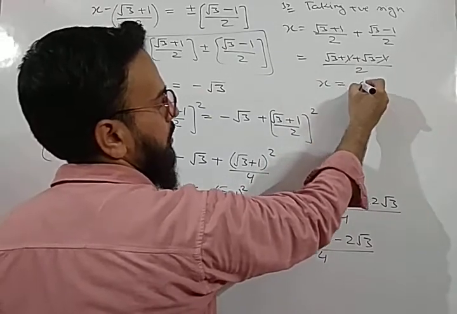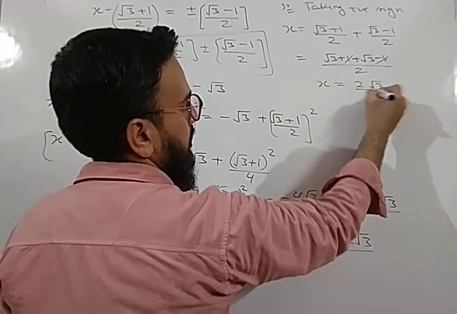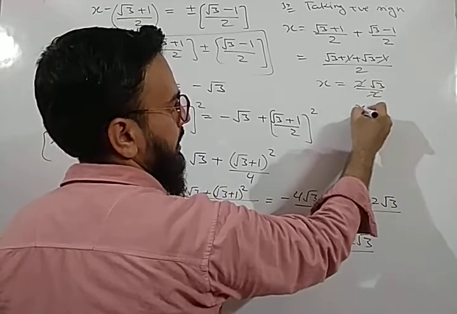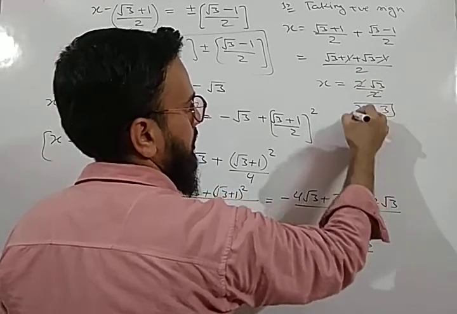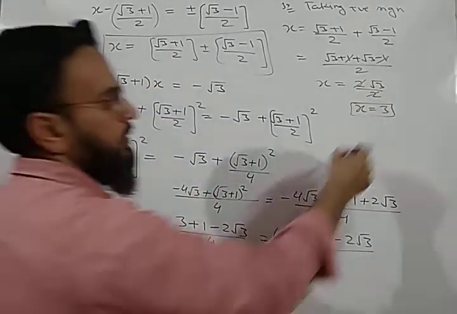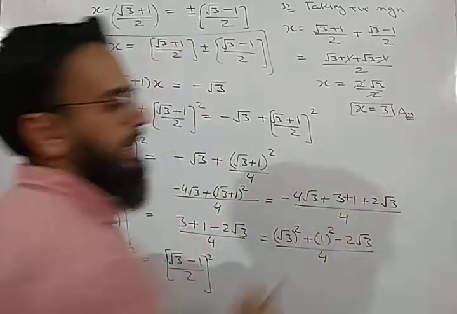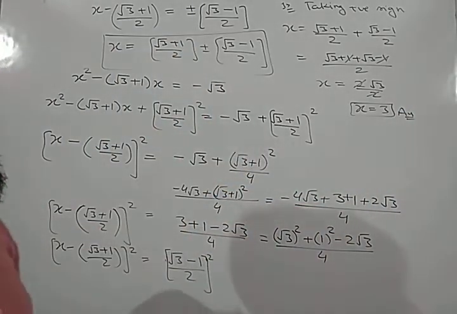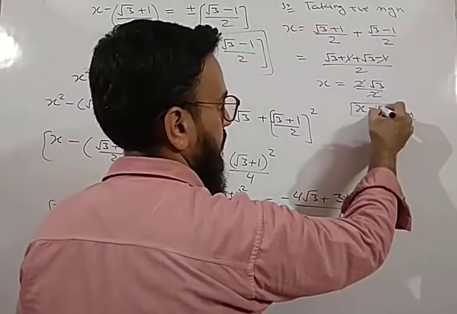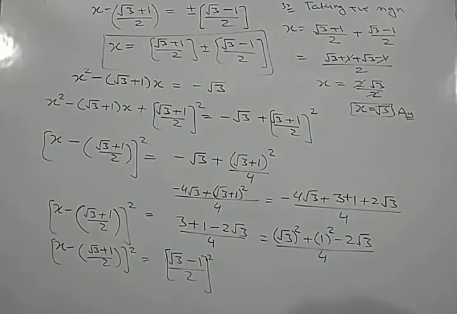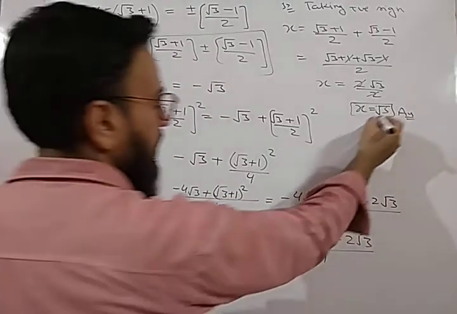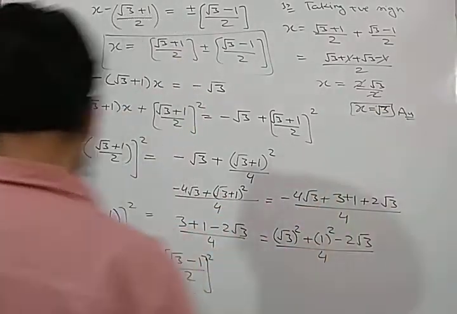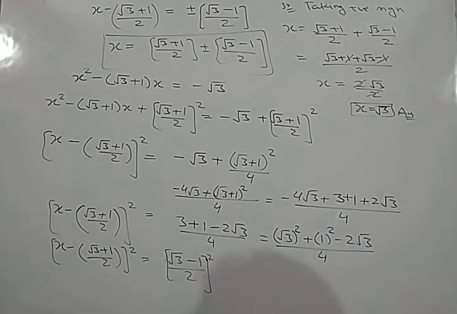We will get the value of x equal to 2 root 3 upon 2. This 2 will be cancelled out. So x will be equal to root 3. It is our first answer. By taking the positive sign, we are getting x equal to root 3.